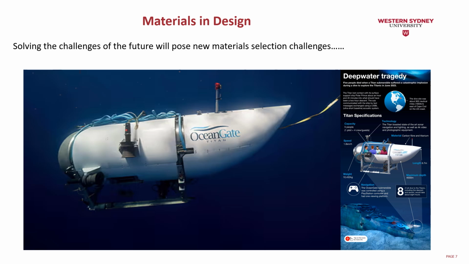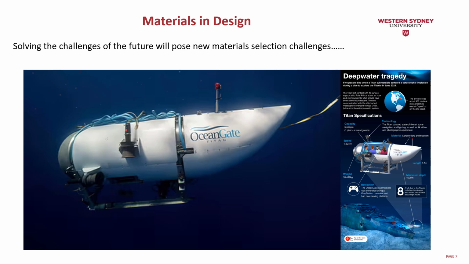So solving the challenges of the future, as we mentioned once again, requires new materials. Like now, most of the old submarines are submersibles, like the one we have in this diagram. The difference between both is that a submersible is always going to have a connection to the surface.